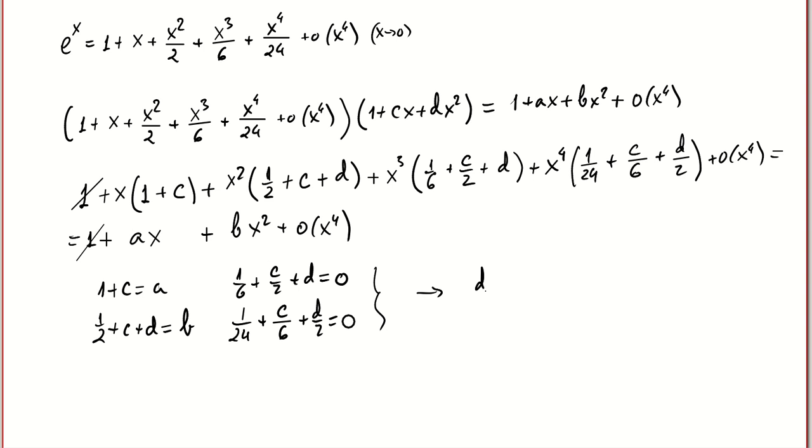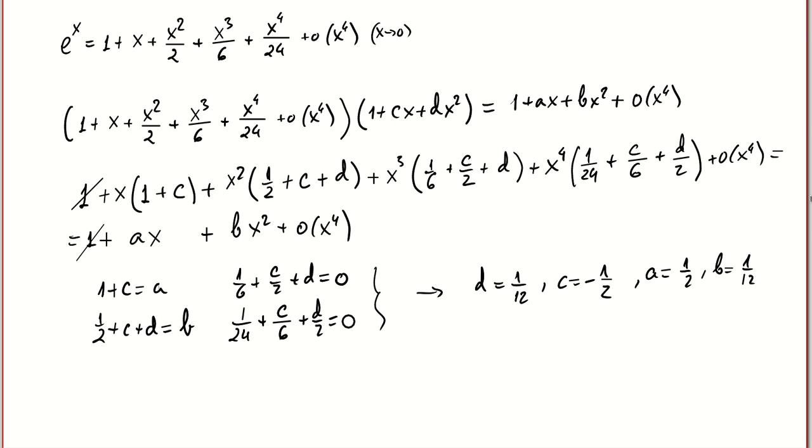Actually, you can solve the last two first, because these are two equations in c and d, and you get c equal to -1/2 and d equal to 1/12 as the solution. You can check it by plugging it in. And then once you get these two, getting a and b is just a matter of substituting in the first two equations, and you get a equal to 1/2 and b equal to 1/12.